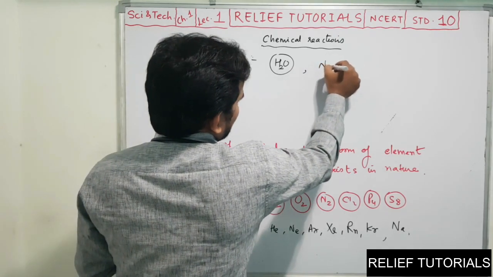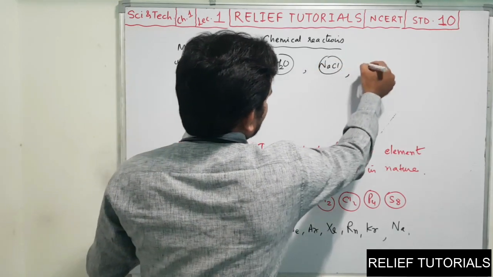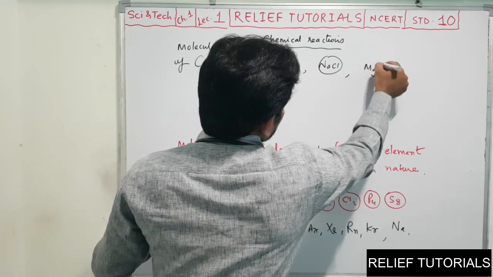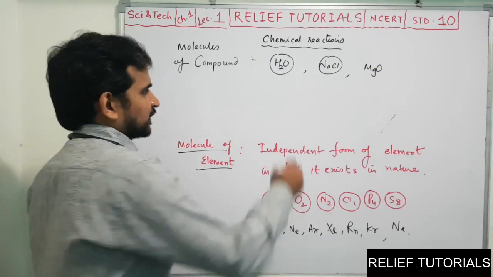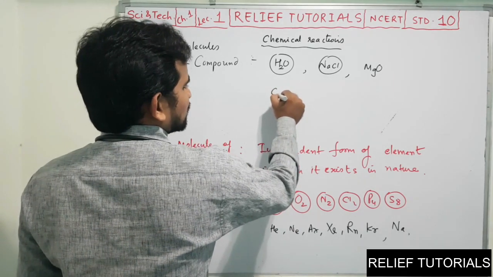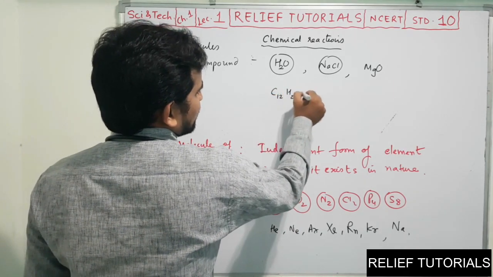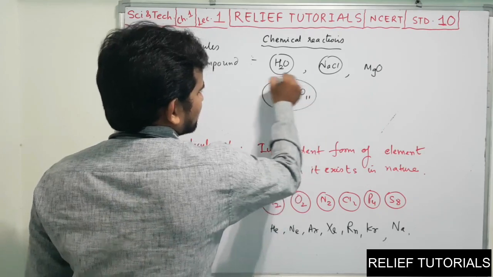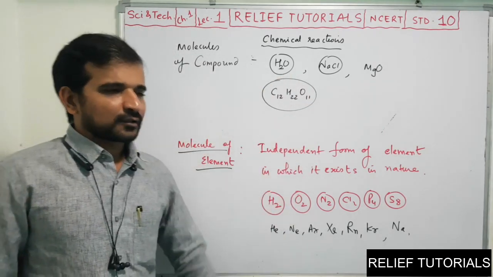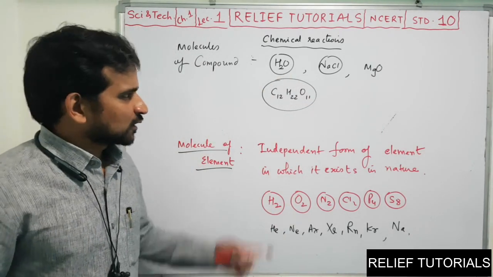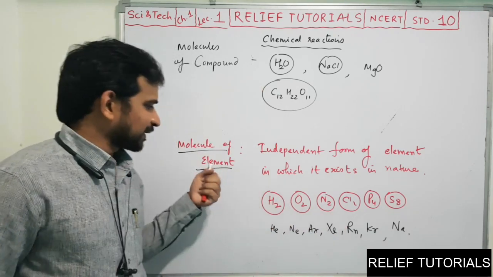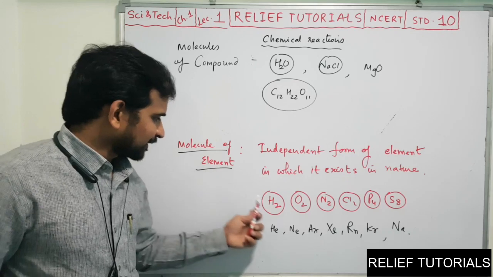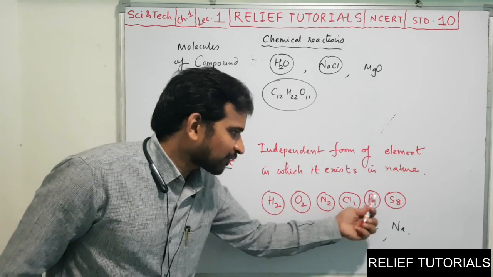NaCl is the molecular formula of sodium chloride. For example, MgO is the molecular formula of magnesium oxide. C12H22O11 is the chemical formula of sugar. So these are the molecules of compound and these are the molecules of element. You can see that an element is made up of only one type of atoms.